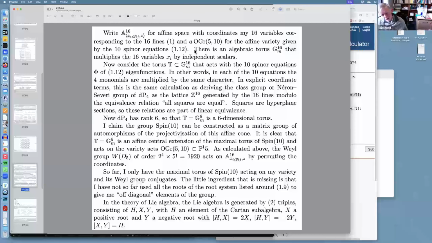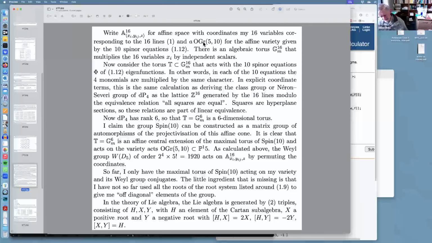So now I'm going to divide this affine cone over a Grassmannian. So I'm writing affine Grassmannian.